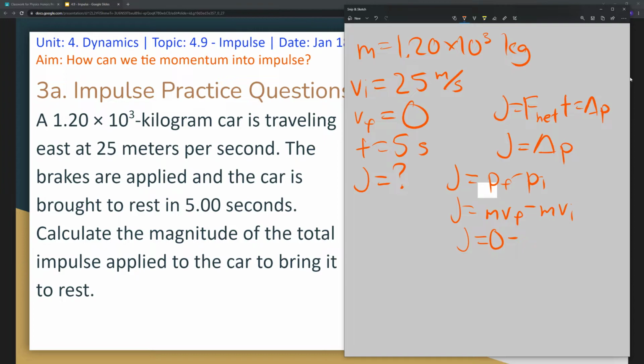So we have 1.20 times 10 to the third, and your initial velocity is 25. You continue solving this, and we get about 3 times 10 to the 4 newton seconds. That's what you get.